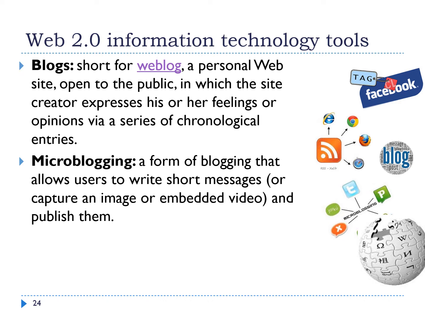It is a personal website open to the public in which the site creator expresses his or her feelings or opinions via a series of entries. Microblogging is a form of blogging that allows users to write short messages or capture an image or embedded video and publish them.